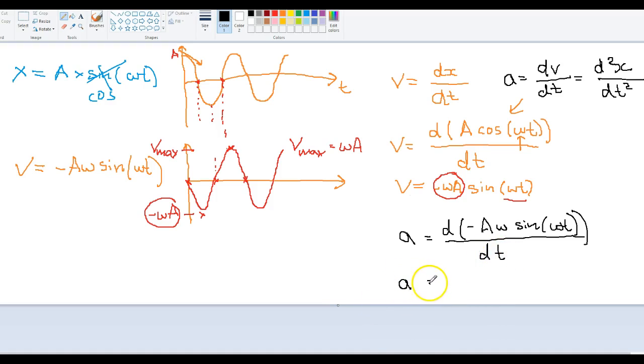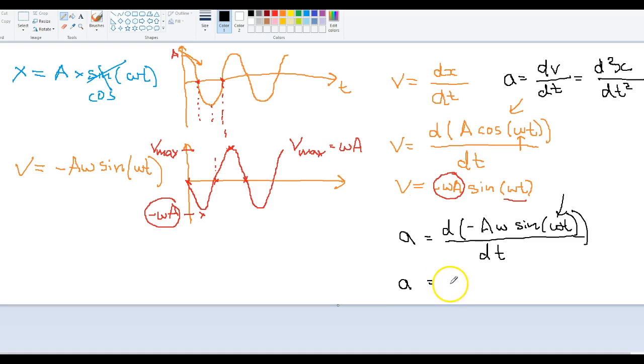and using the same rule as before. We need to use the chain rule because we have a constant, we have the t inside the brackets, which is what it is a function of, and sine turns to cos, but it stays the same value.